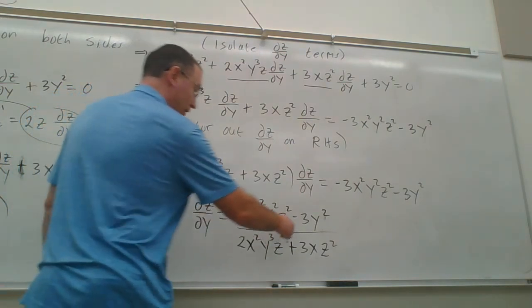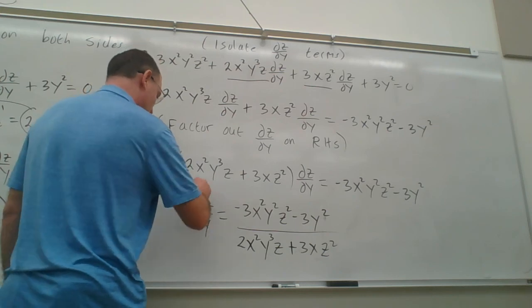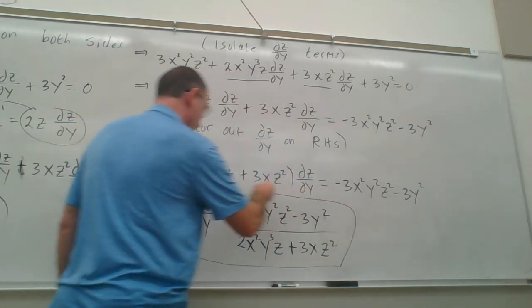I guess you could factor the minus 3 on the top if you wanted to, but it's not going to do much. So this is our answer here. So we're done.